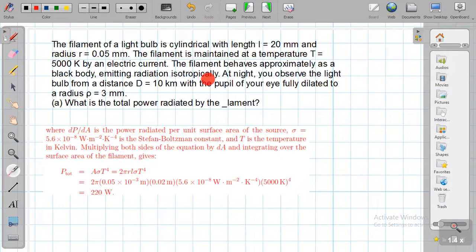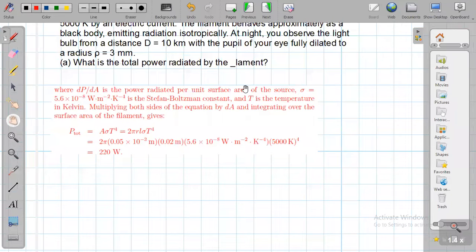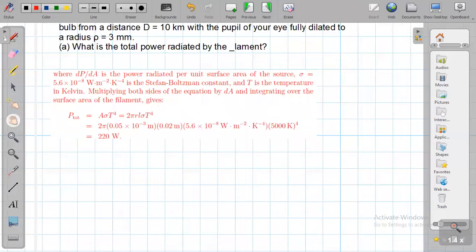It emits radiation isotropically. At night you observe the light bulb from a distance of 10 kilometer with the pupil of your eye dilated to a radius of 3 millimeter. What is the total power radiated by the filament? Look carefully.